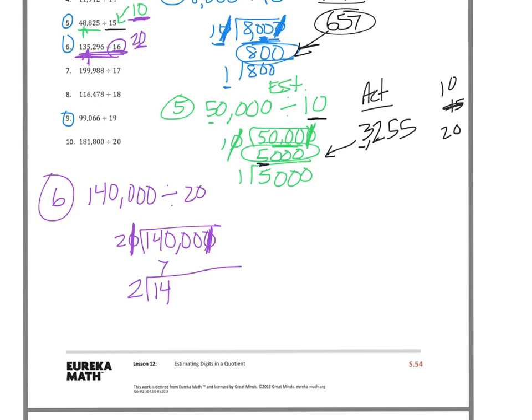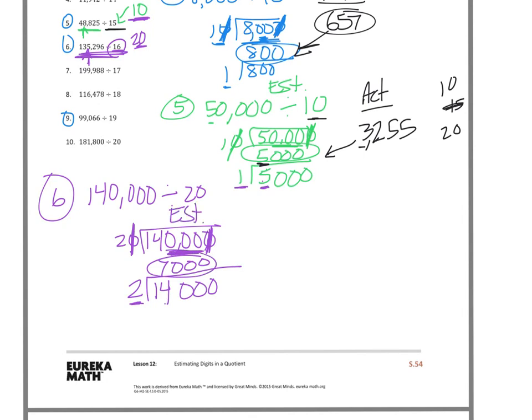And what we want is a one-digit divisor when we're dividing. Before we had one digit on one digit, like up above. But now it's 2-digit on 1 digit, which is still more manageable than what we were working with. So 7 times 2 is 14, so that's going to give me 0. So all the rest of these zeros, I can just put next to it. So 7,000 is my estimate.